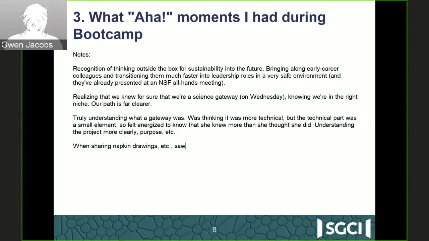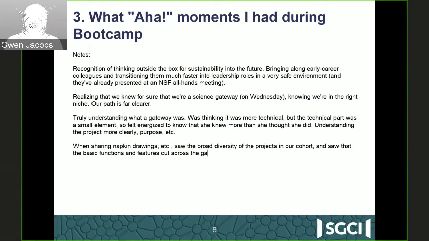As we were all asked to do the same things, what started to resonate was what those basic parts of the gateway are, what those basic features or functions are that a gateway does that cut across all the different ones. And as I listened to other folks talk about the parts of their gateways, it really helped me think more about ours and how ours was organized.